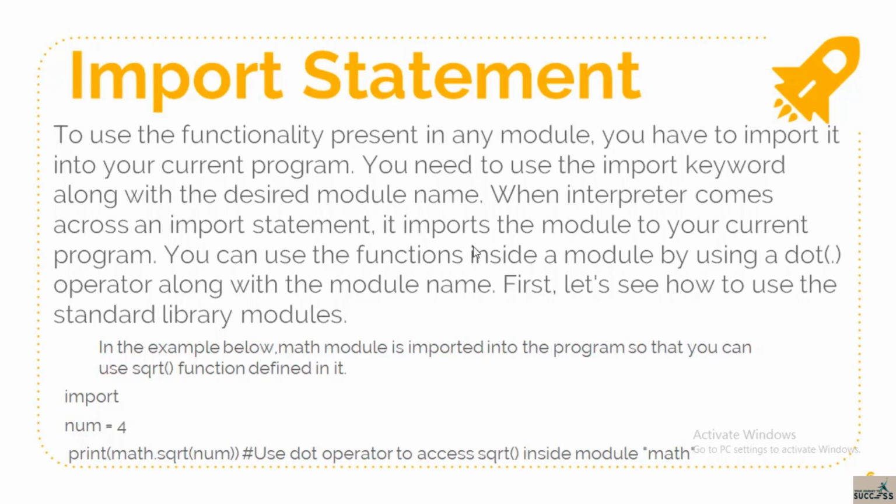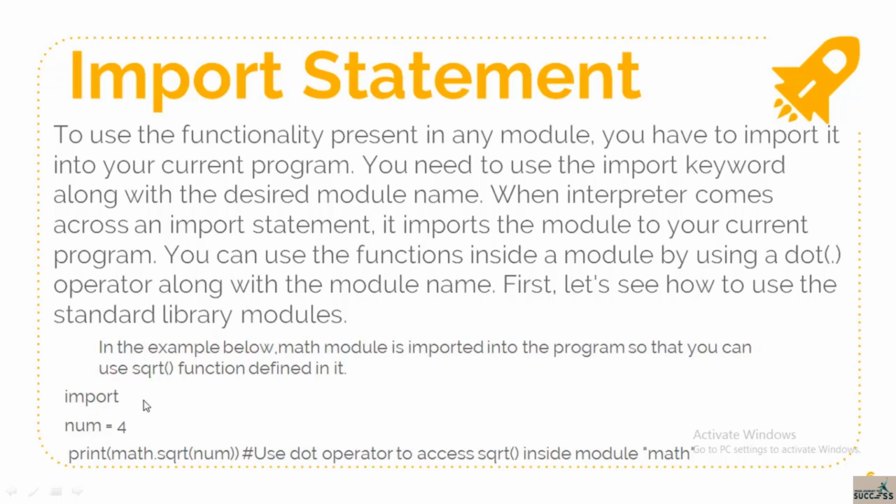First, let's see how to use the standard library modules. In the example below, the math module is imported into the program so that you can use the square root function defined in it. It is missing here, but assume that we have import math, and next we have a variable equal to 4.